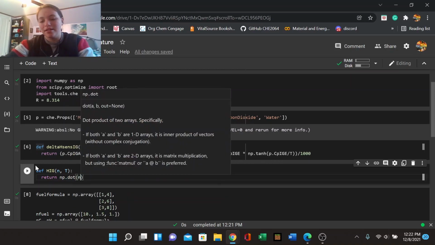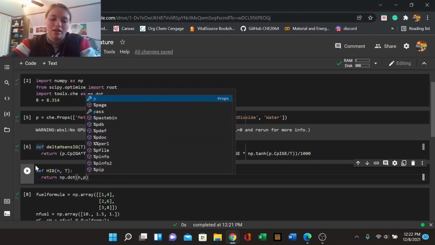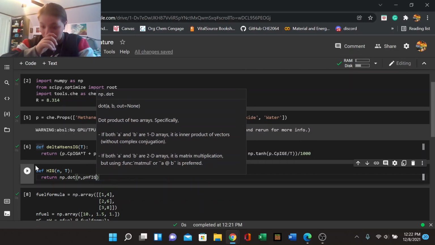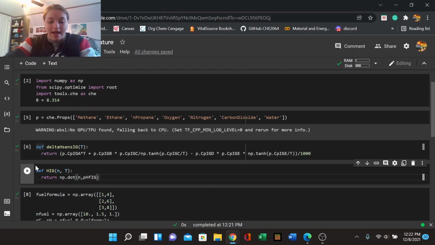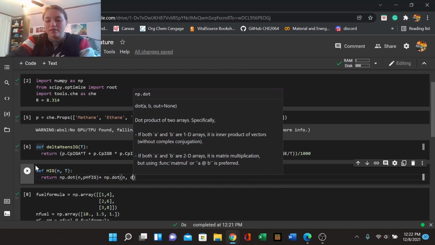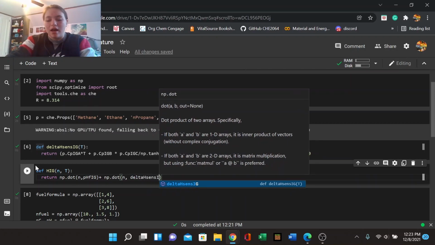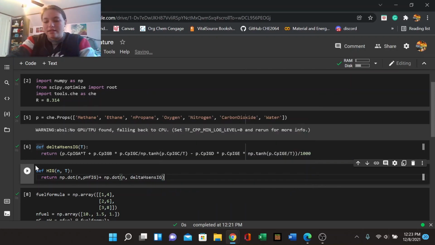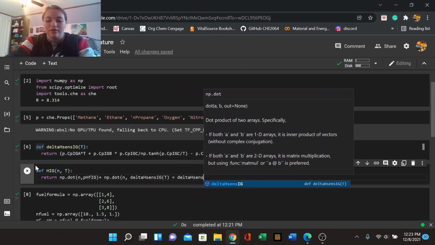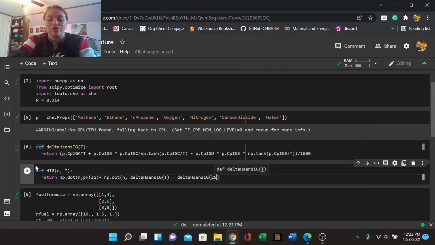So this is creating a dot product, n comma the heat of formation of ideal gas, plus our np.dot of our moles, comma, delta H sensible IG, of T, when you put in that unit, minus our delta H sensible of our IG starting at 298.